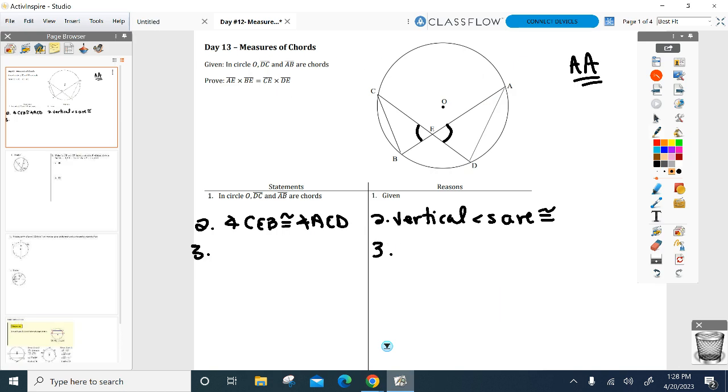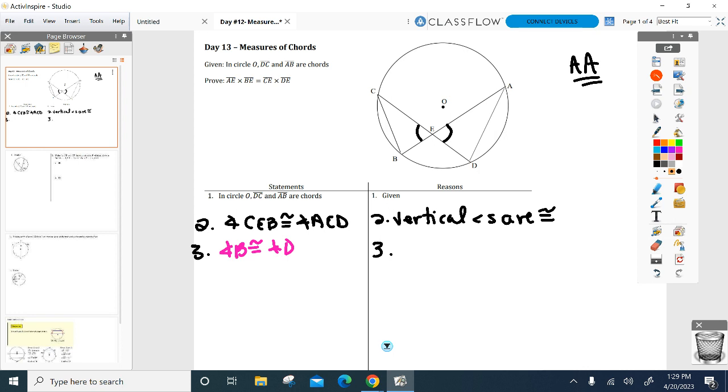Angles that are at the same arc are congruent, and so CBE is congruent to ADE. I'm just going to put B and D for right now. B congruent to D. I could also write down C and A for the same exact reason.